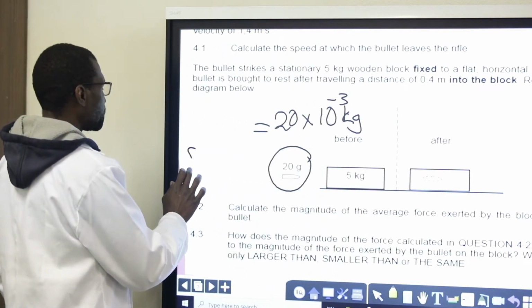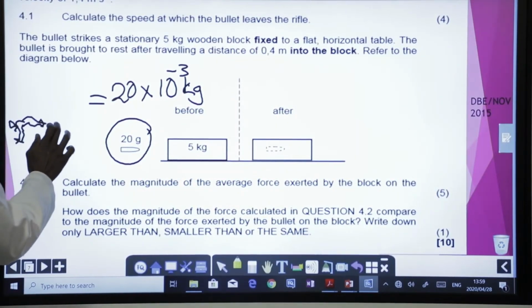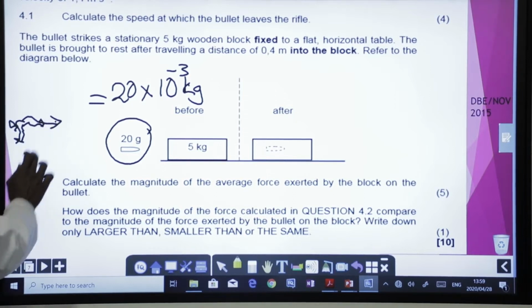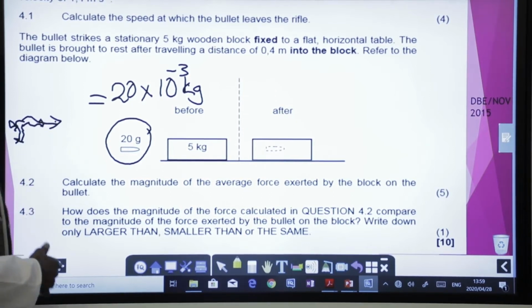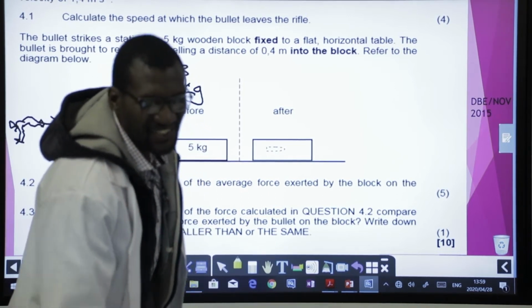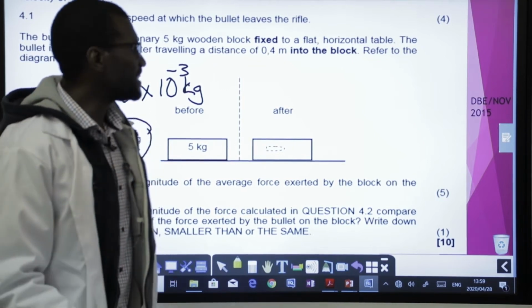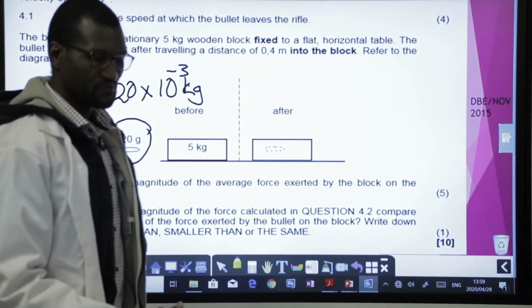So we got a rifle. I'm not an artist, I'm just a science teacher. Let me just try to draw a rifle here that has fired the bullets. Yeah, that looks like a rifle, doesn't it? Yes, it does. Okay, so the question then says calculate the speed at which the bullet leaves the rifle.